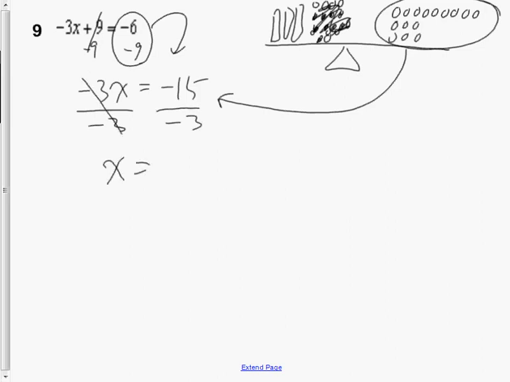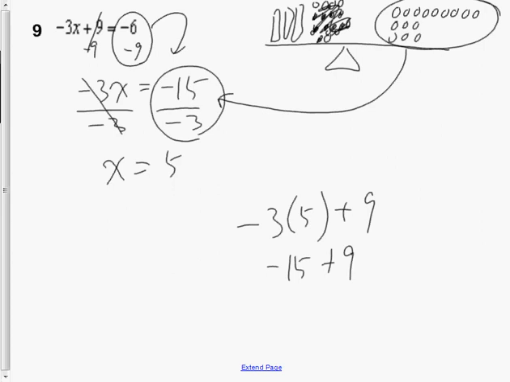And I have x equals whatever negative 15 divided by negative 3 is, which is a positive 5. If I check my answer, I would substitute 5 for x. I'd have negative 15 plus 9. 15 negatives and 9 positives make 6 negatives. Negative 6 was the value when x equals positive 5.